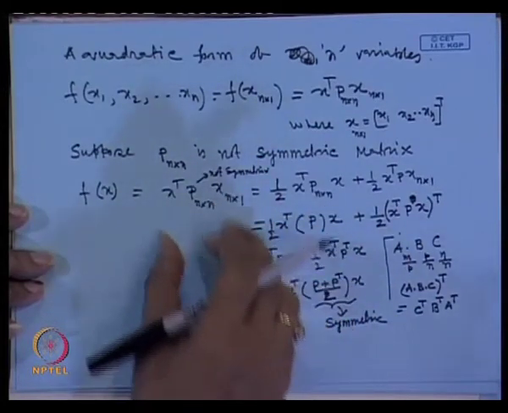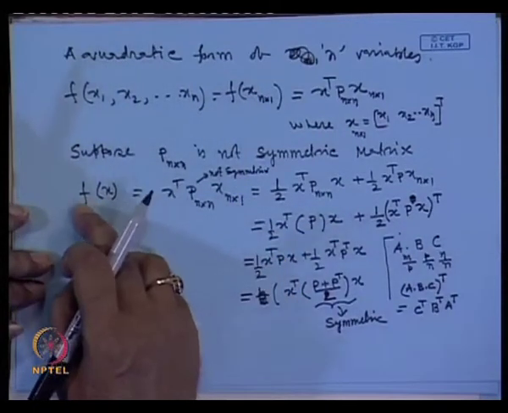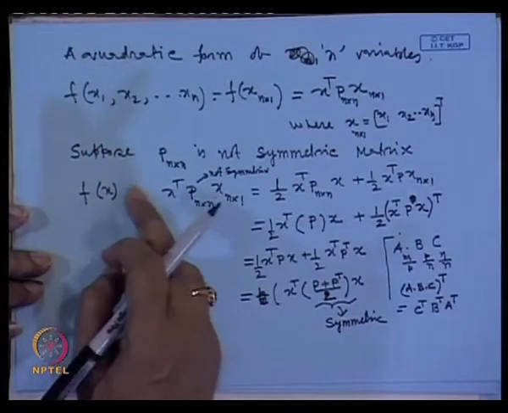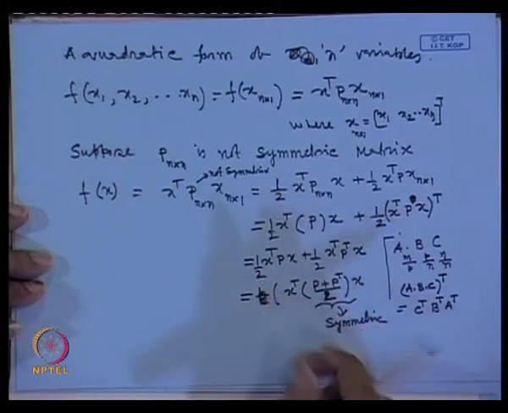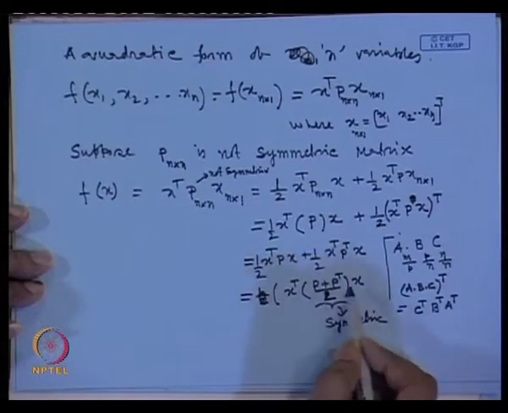So, whatever results we get for the expression of the function f, which is a function of x 1, x 2, the same expression we will get here also, that is, x transpose P plus P transpose by 2 into x.